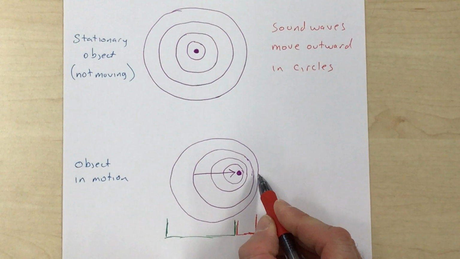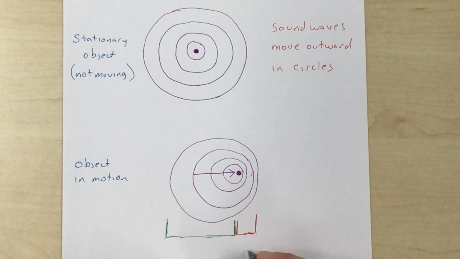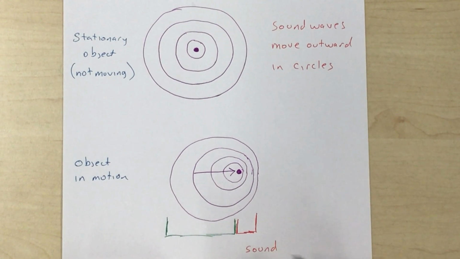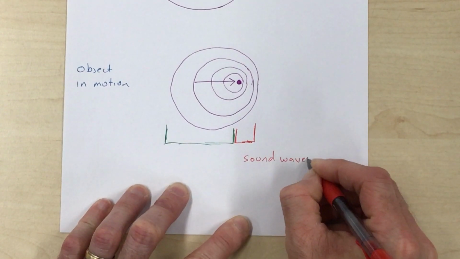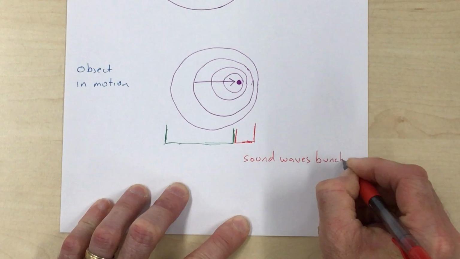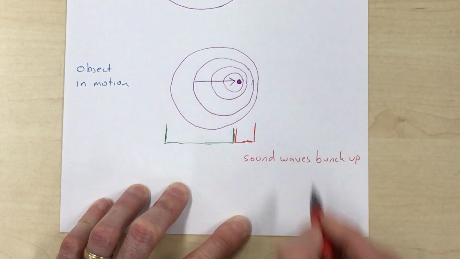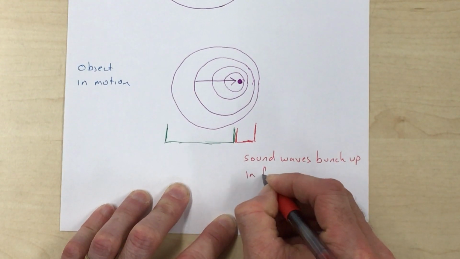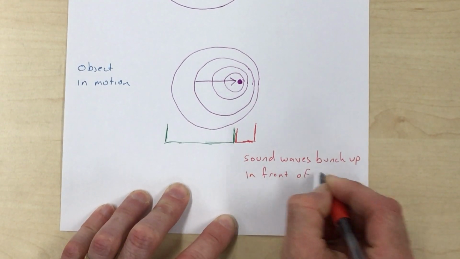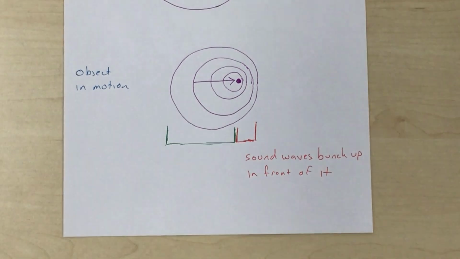So these first ones, the sound waves are bunching up. Sound waves bunch up and get really close to each other in front of that object as the object is moving.